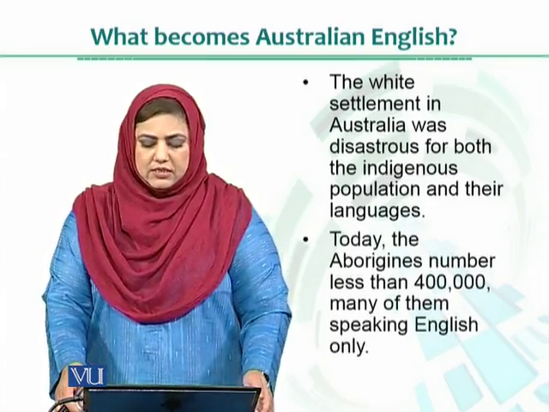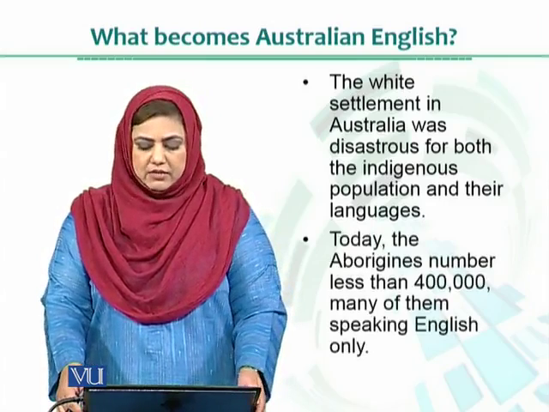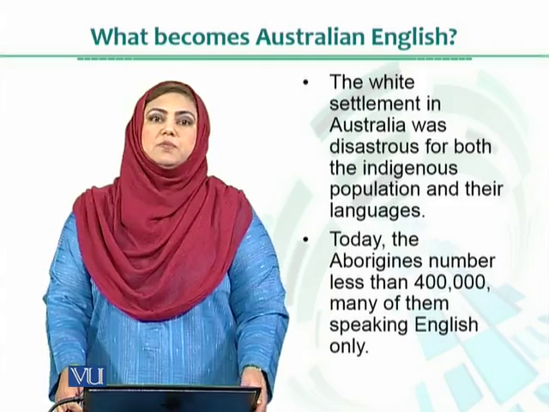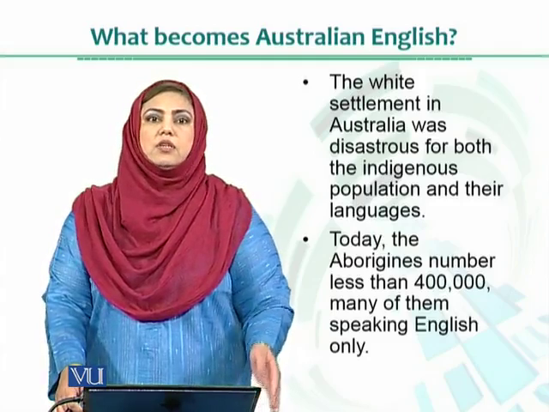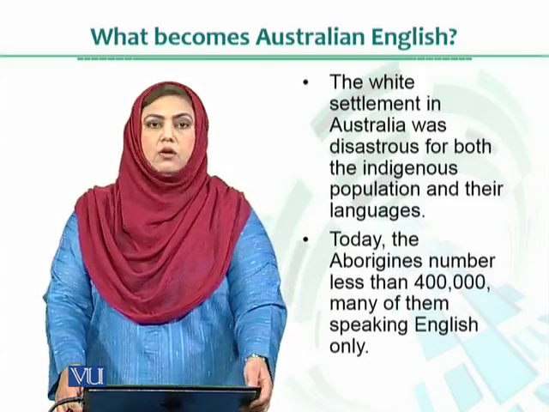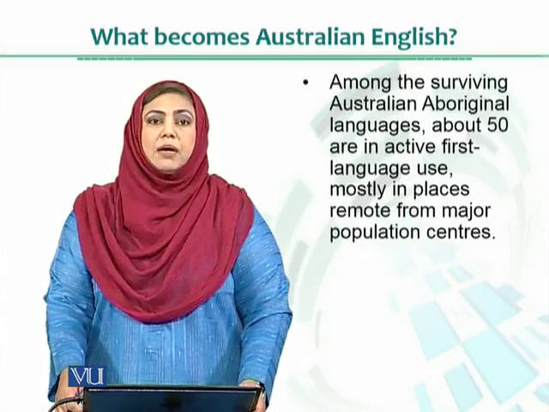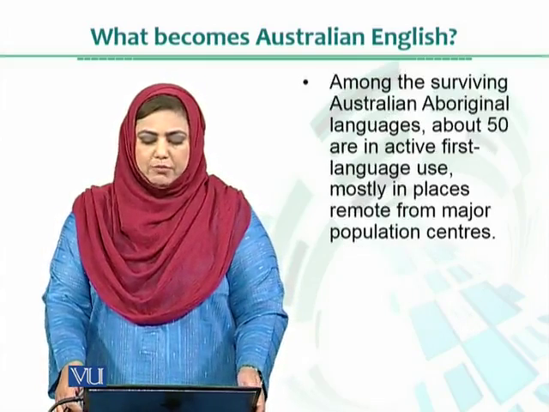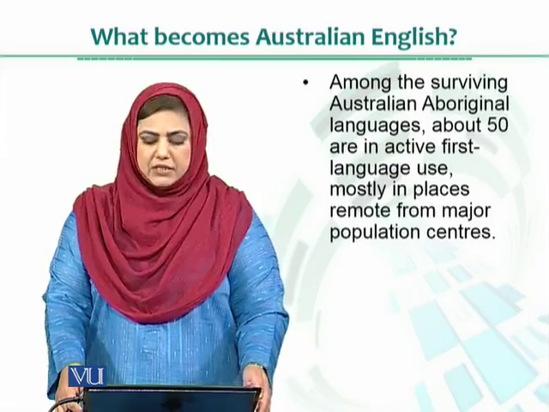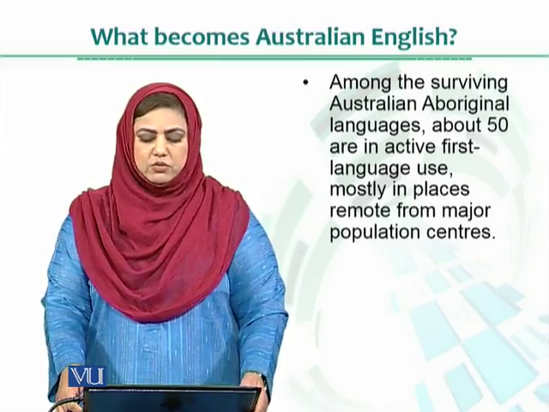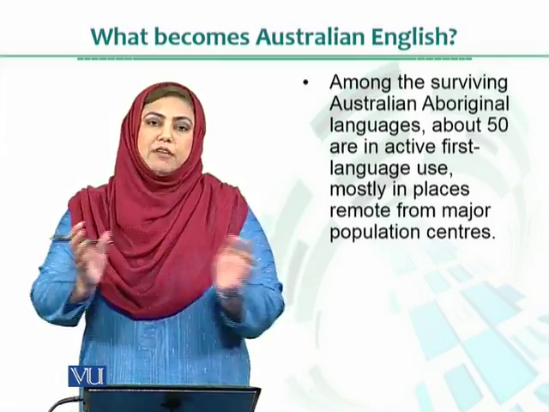Today, the Aborigines number less than 400,000, and many of them speak English only. So, their native language is lost on the way. Among the surviving Australian Aboriginal languages, about 50 are in active first language use, mostly in the places that are away from the center.